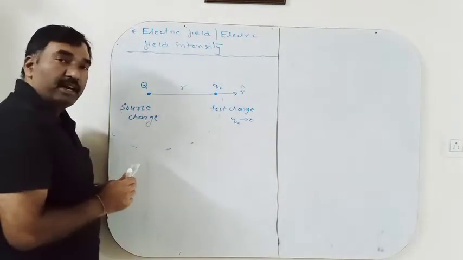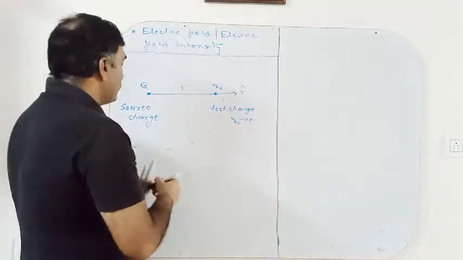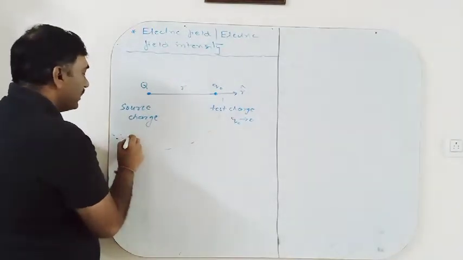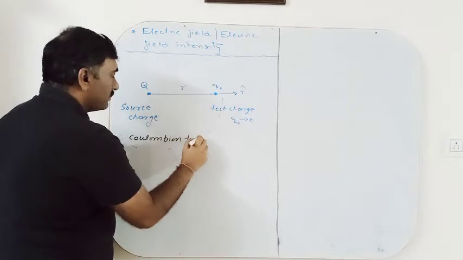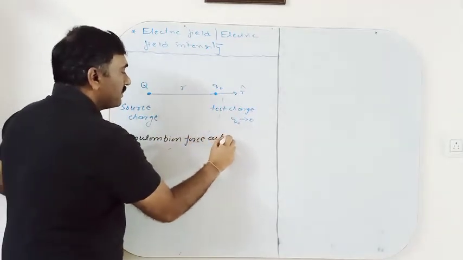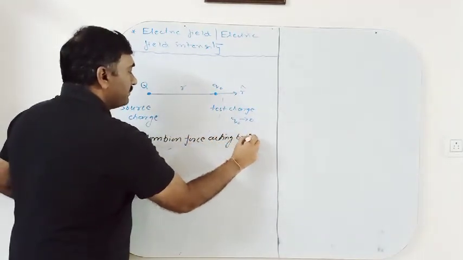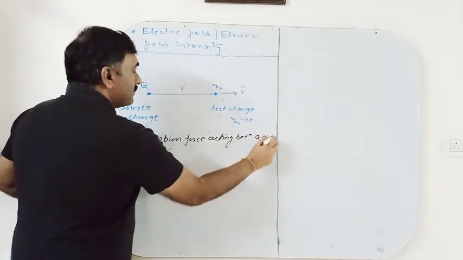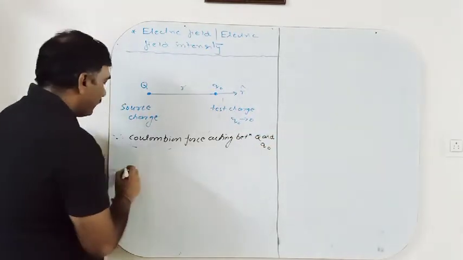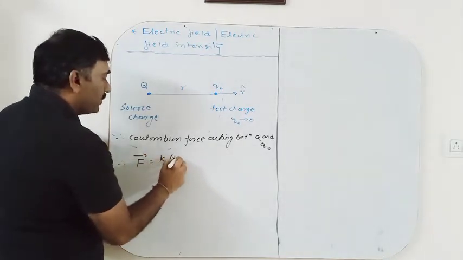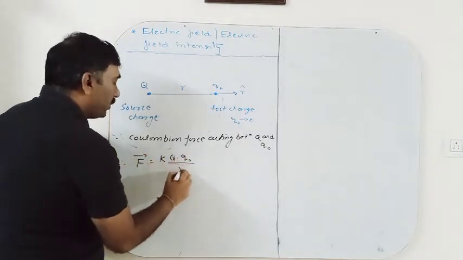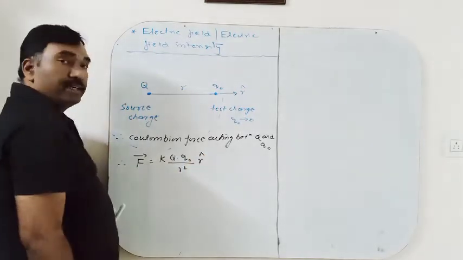So very first thing, already we know the formula for the force. So we can say that the Coulombian force acting between Q and Q naught is F equal to K Q into Q naught upon R square with the direction of R caret.